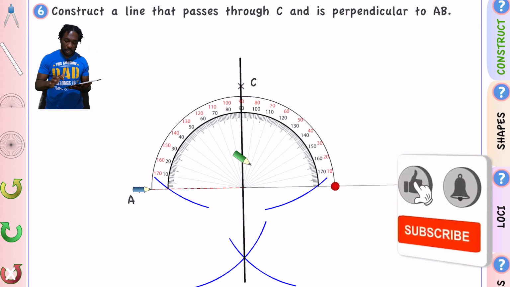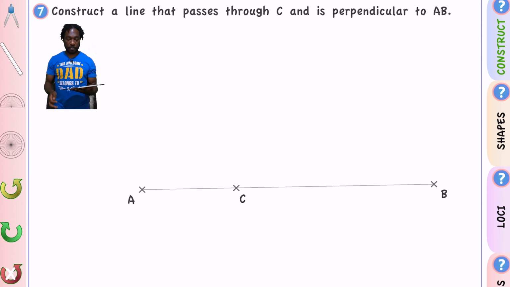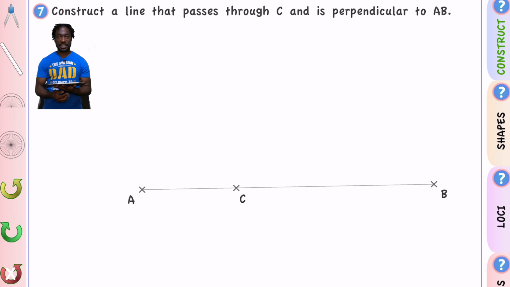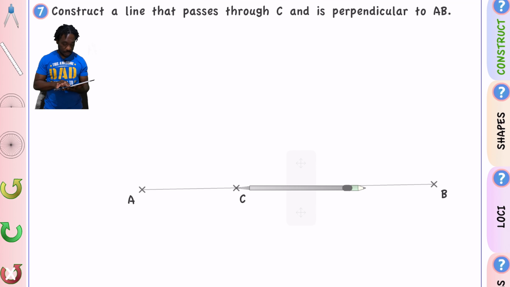Okay, let's look at one other situation where that might come up. We're going to go to a problem like this. On this particular problem, you can see that the point C is now on the line AB. It's not suspended in the air, but we still need to draw a line that's perpendicular and goes through C. So same thing, I need my compasses and I need to make 2 points that are equidistant from C. Equidistant meaning the same distance.